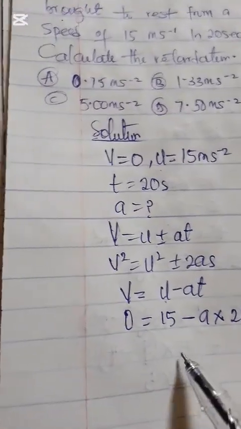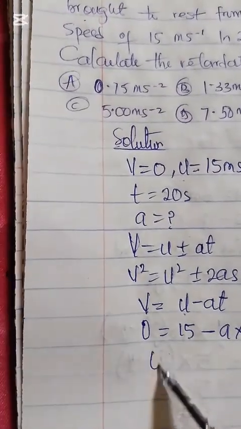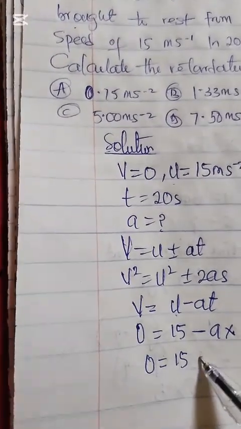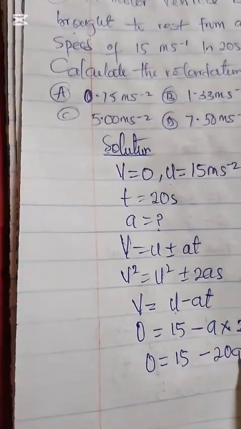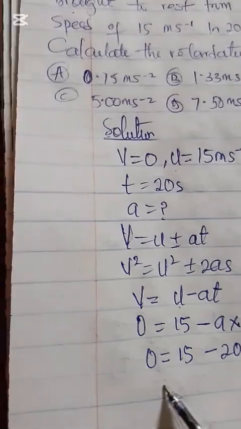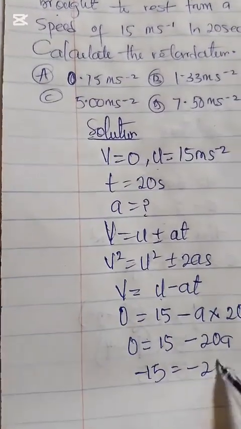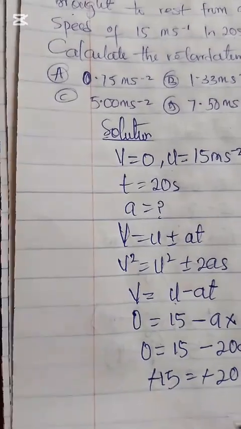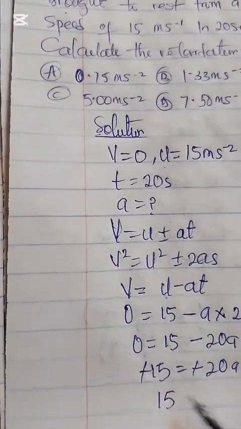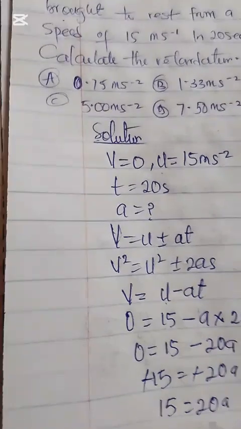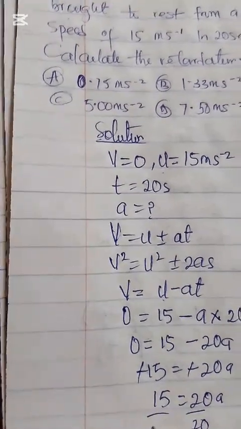So we have 0 equal to 15 minus 20a. If I collect like terms, I have minus 15 equal to minus 20a. This will cancel this. So I have 15 equal to 20a. Divide both sides by 20.